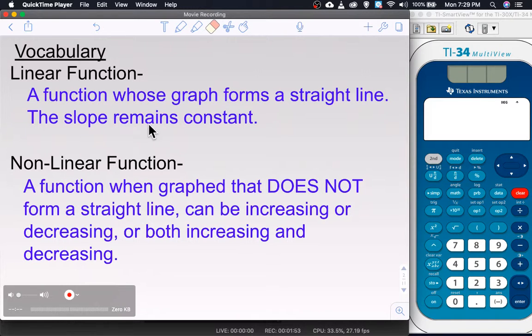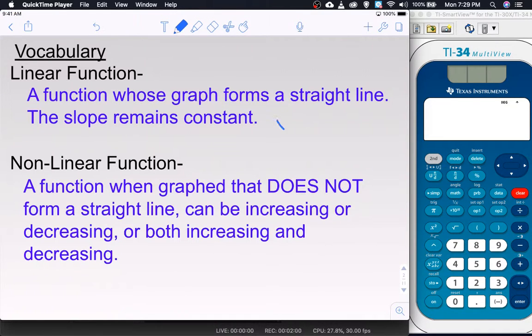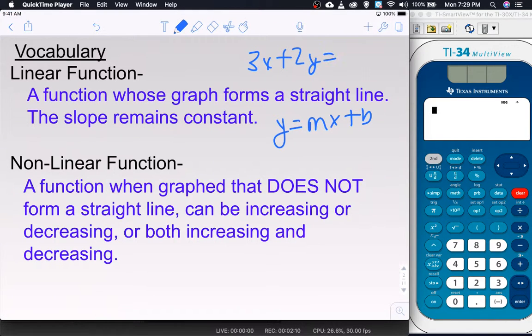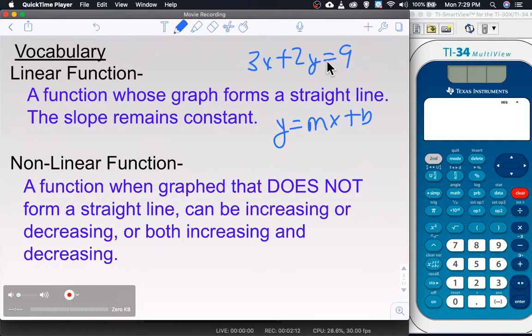Okay, so a linear function is a function whose graph forms a straight line. The slope remains constant. That's that constant rate we were talking about. We could also add here that this will always be written in the form y equals mx plus b, or could be rewritten in this form, even like 3x plus 2y equals 9. This is linear, even though it doesn't look like this, because we could rewrite this in slope-intercept form.